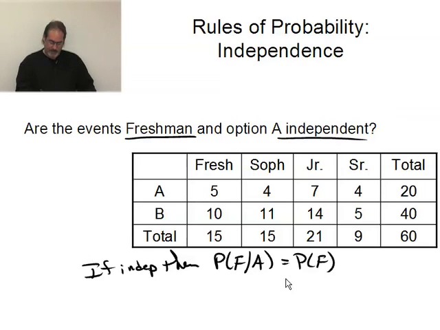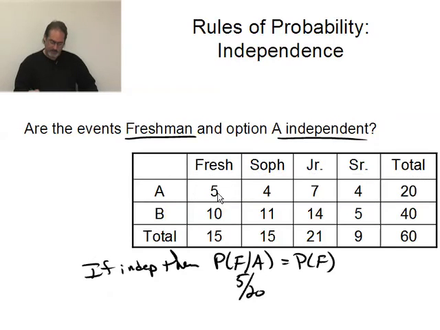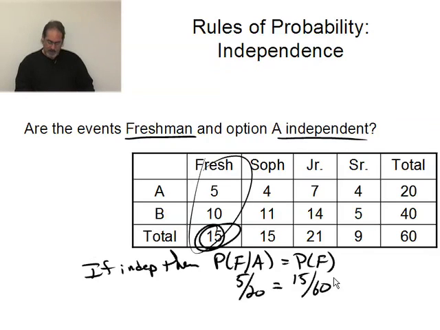So, probability of freshman given A. Well, here's event A. There are 5 freshmen, so that probability is 5 over 20. And what's the probability of a freshman? Right here, there are 15 freshmen. That's 15 over 60.